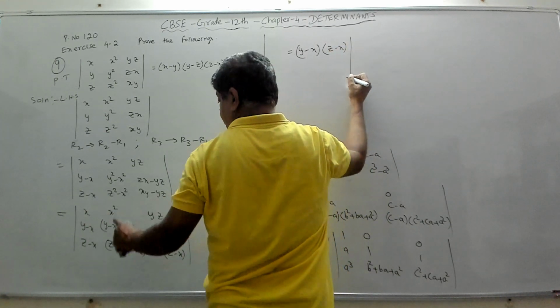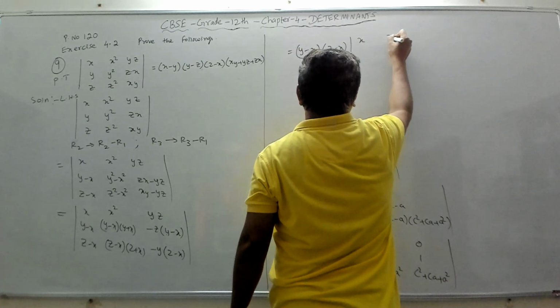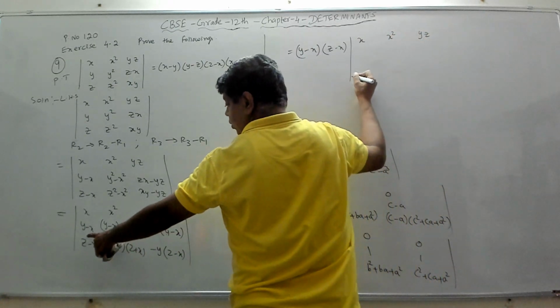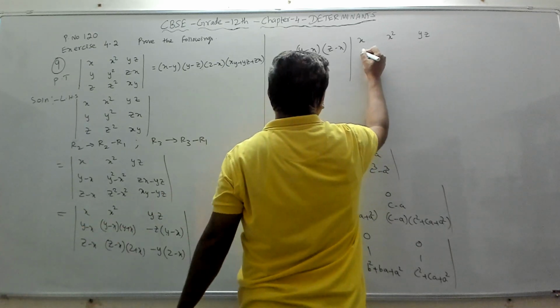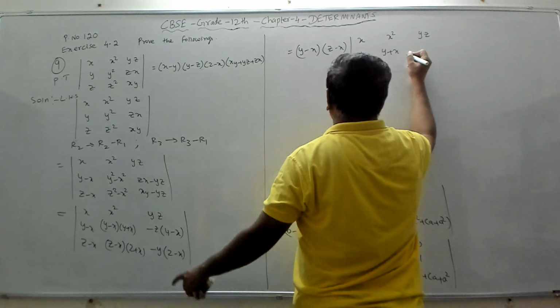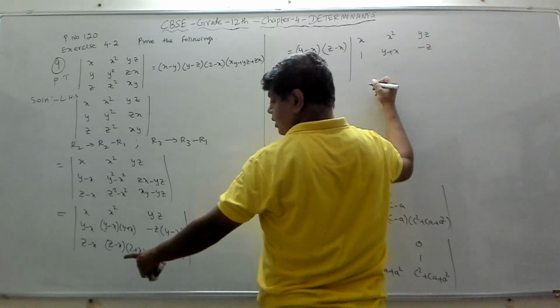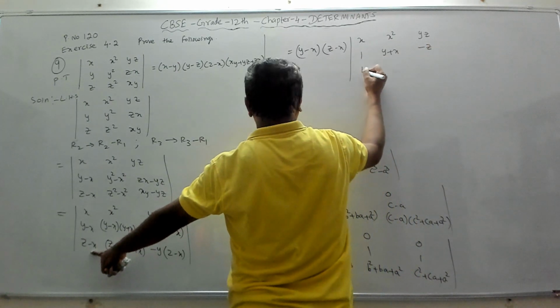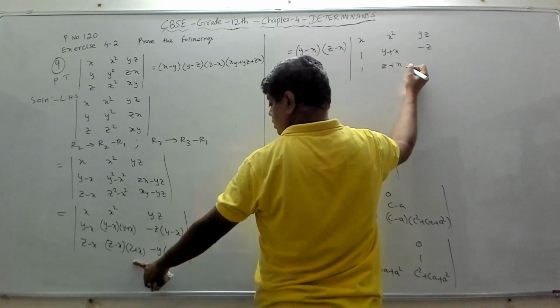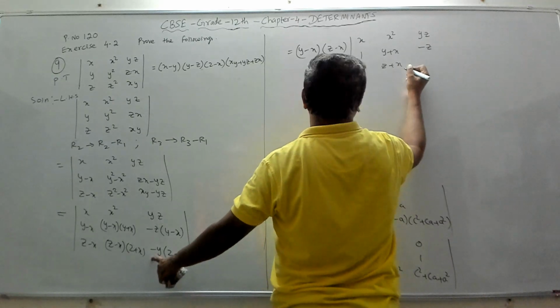Then my determinant will become x, x square, yz. If I take y minus x out, this will become 1, and this will be just y plus x, and this will be just minus z. Here z minus x is taken out, so it will become 1, then z plus x. Here z minus x is taken out, you will have minus y.